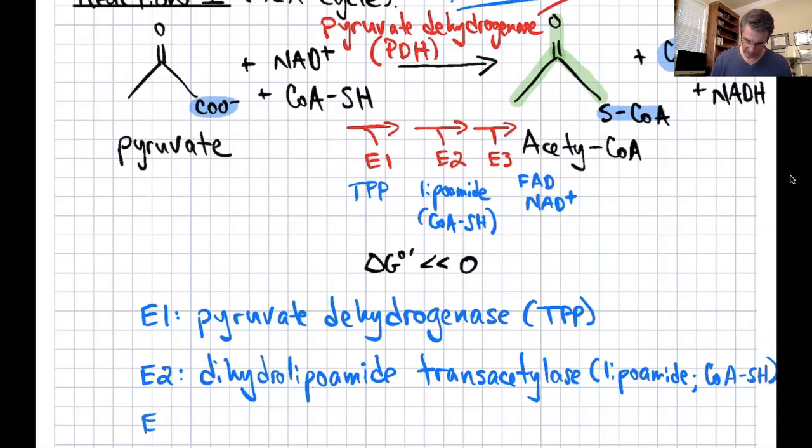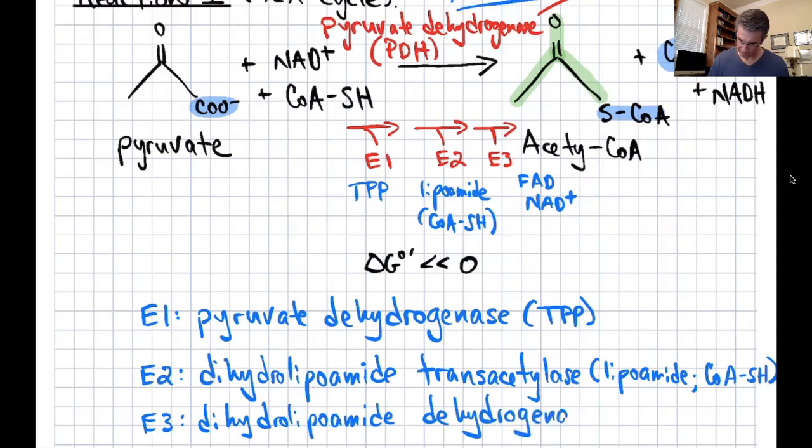The E3 enzyme is known as dihydrolipoamide dehydrogenase. And this is the enzyme that needs both FAD and NAD plus to function.